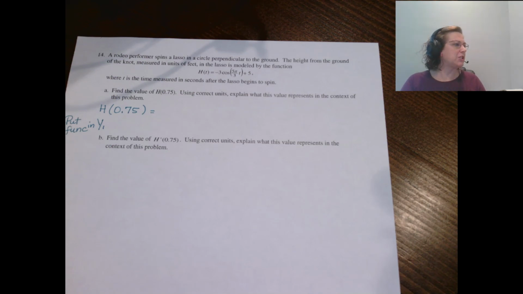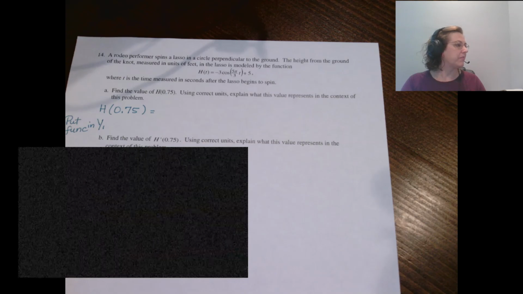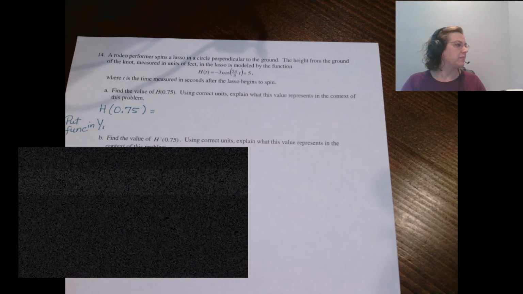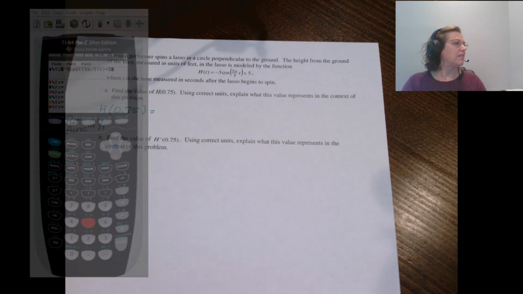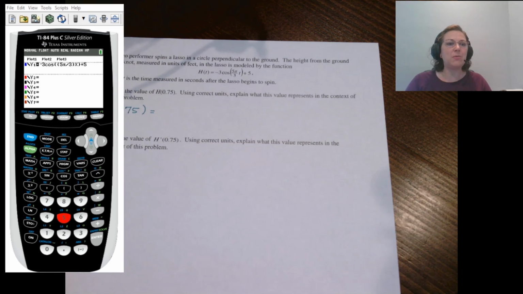Let me see if I can share my calculator screen with you here. Let's see, we're almost there. There we go. There's my calculator screen. So you can see what I typed in there.